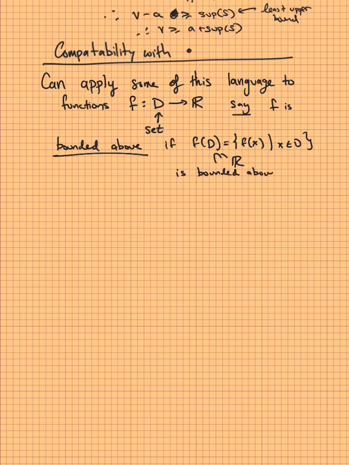Similarly, you can have functions that are bounded below, and bounded functions if and only if the image is bounded. So maybe I'll just say this, it's bounded if the absolute value of f of x is less than or equal to some constant c for all x in D and c in the real numbers.